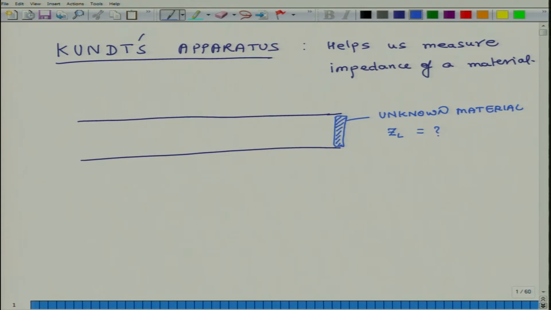So, you have a straight tube, and then at the other end of the tube you have a sound source. So, there is a speaker, and you can play different frequencies, and those frequencies are going to propagate in this tube. And finally what you have is a microphone.